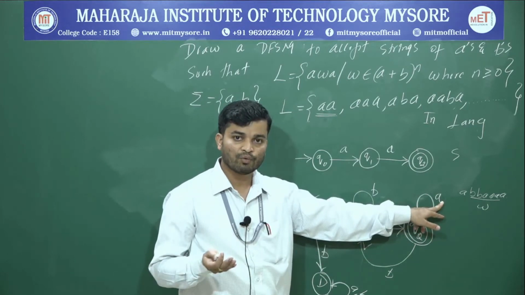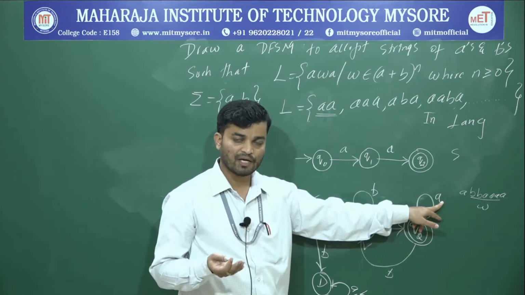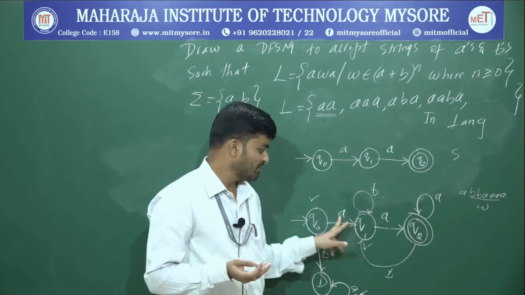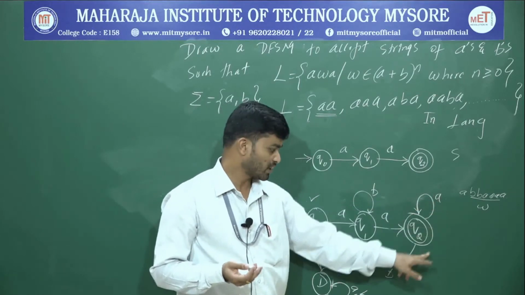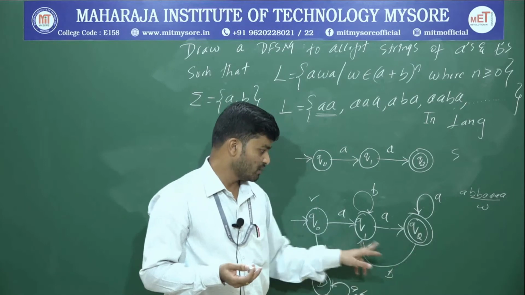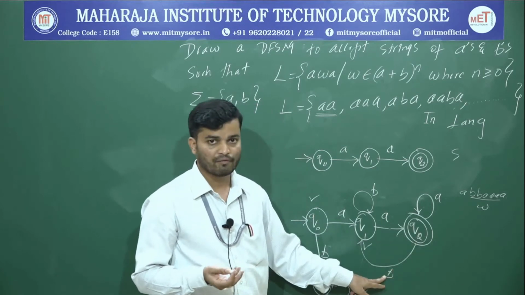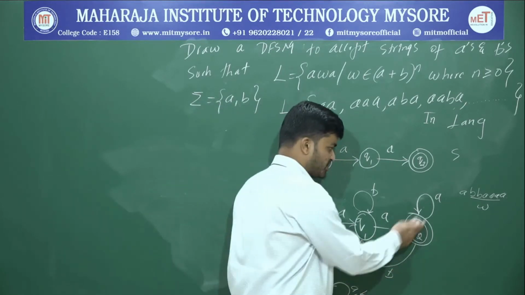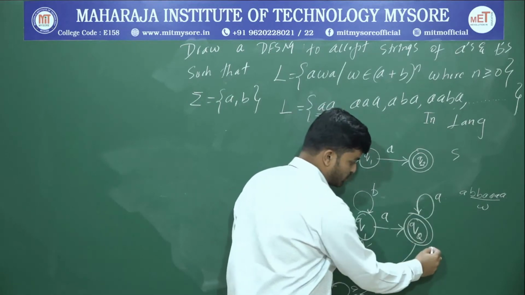So the string will end with A. It is starting with A and ending with A. Therefore connecting to Q1 from Q2 upon B is valid. Now if you check Q2, there is a path for A and there is a path for B. Q2 is also over.